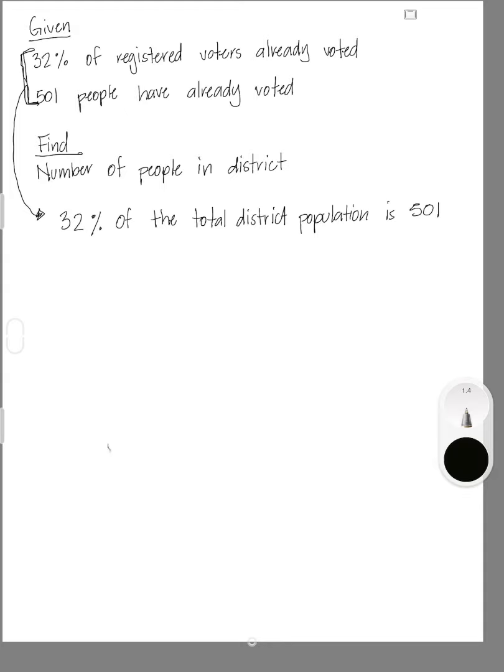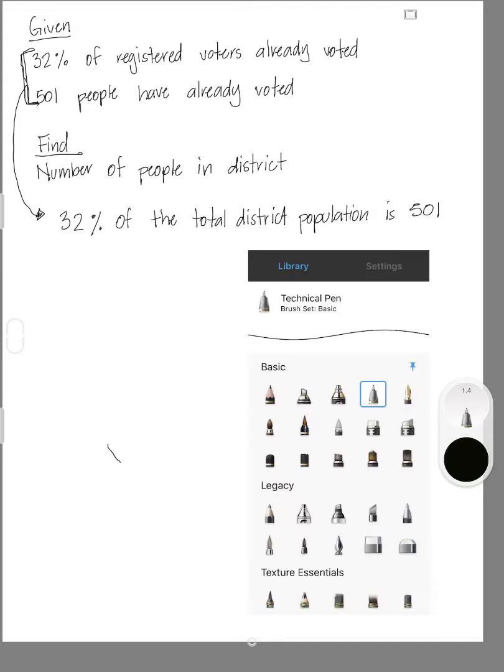So notice how I'm kind of combining what they want us to find with the percent and the number that they gave us, right? And from here I can actually go ahead and write my percent proportion.